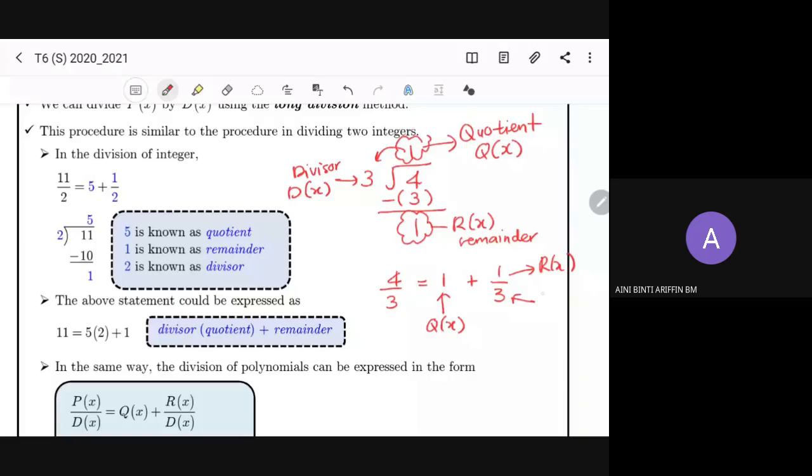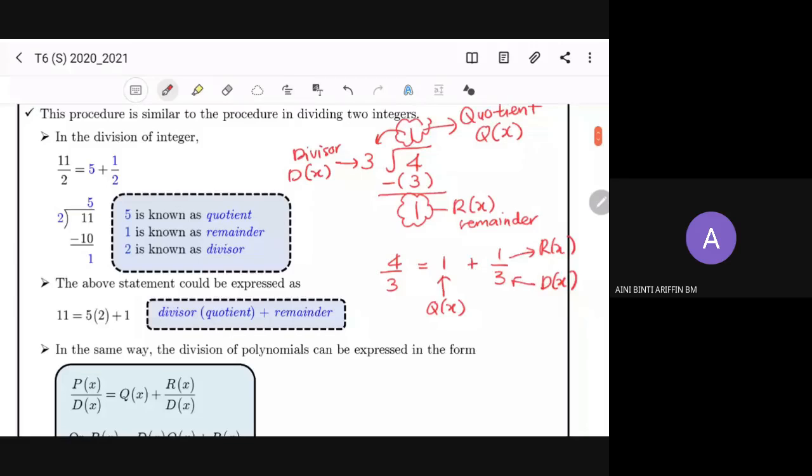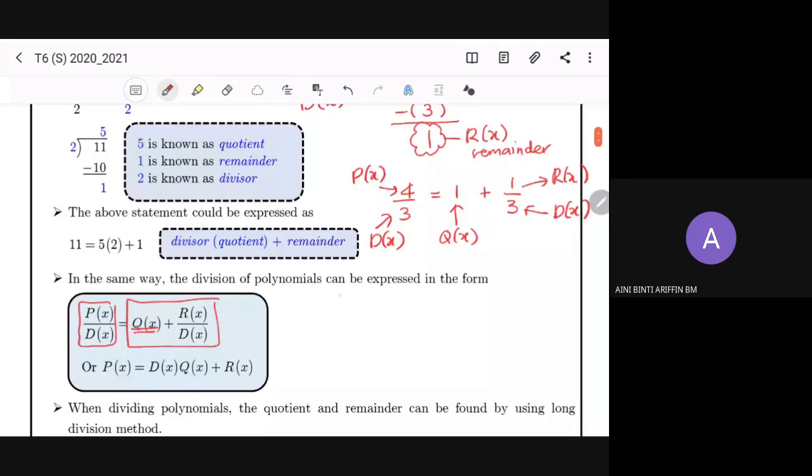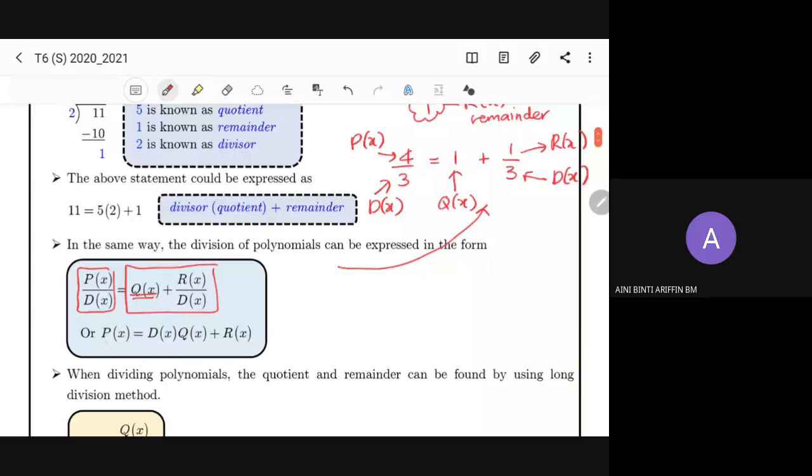So in general, we can write Px over Dx, Px on top, over Dx the divisor, equals Qx the quotient plus Rx over Dx. So you have to memorize this a bit, so you remember the pattern. Or we can write Px equals Dx times Qx plus Rx. So there are 2 forms to state the final answer.